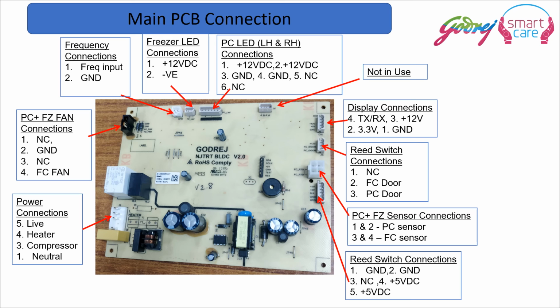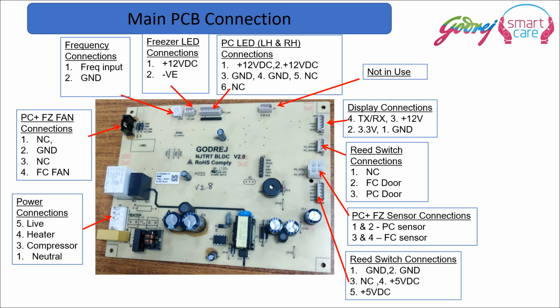And next to that, to the right at the top, you see freezer LED connections, 12 volts plus and minus, that is 12 volts DC, both the pins you should get if the output has to go to the freezer LED. Then to the right of it, you have the left side and right side connections of the refrigerator LED.